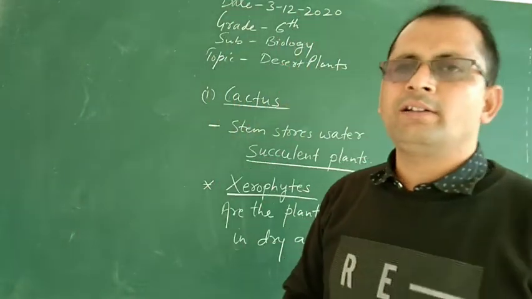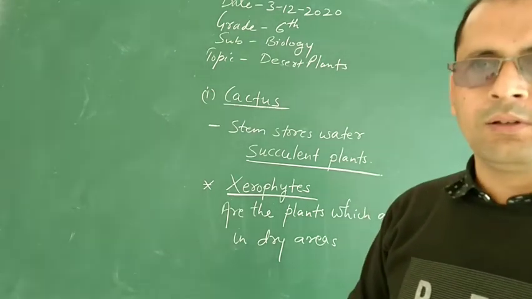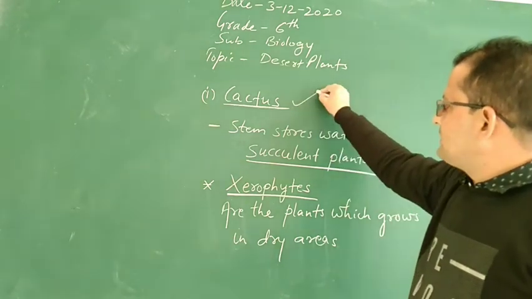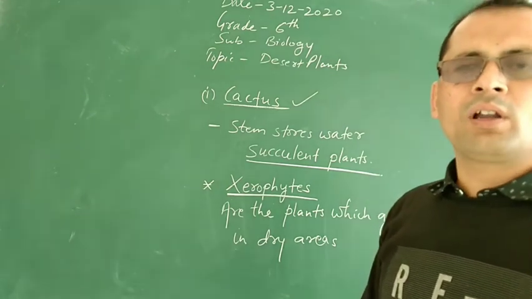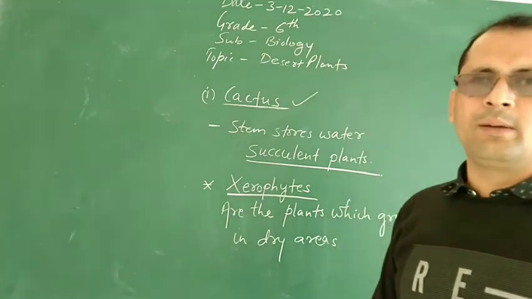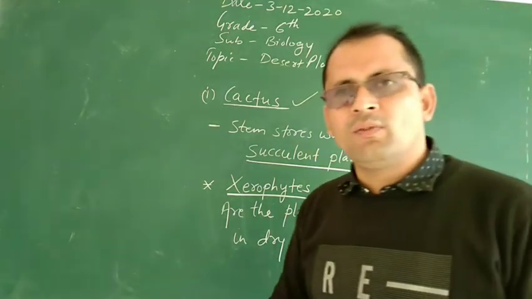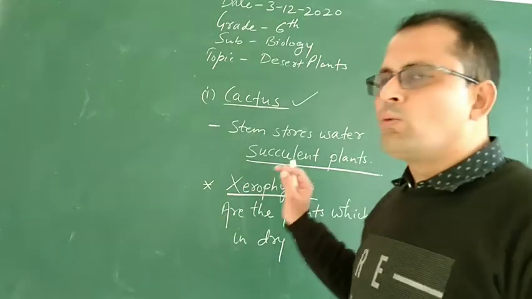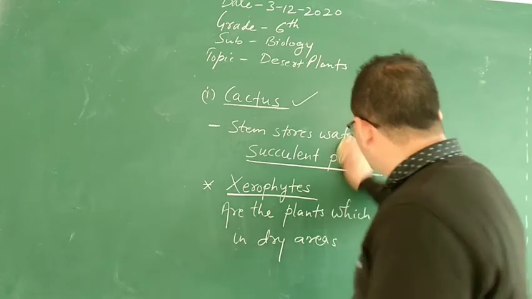Xerophytes are the plants which grow in dry areas. Okay. Next beta, this cactus has developed some modifications in the body due to which this cactus is able to survive in the desert region. So what are these modifications or changes, I am going to tell you one by one. So just listen to me very carefully.